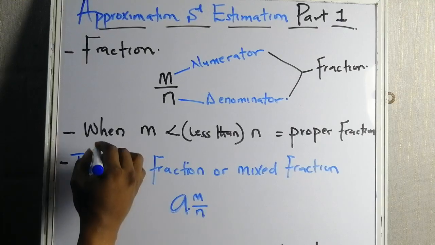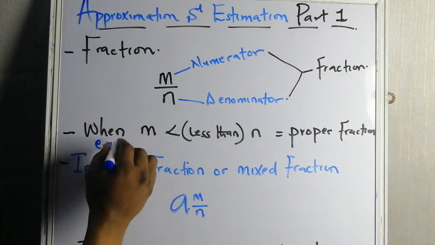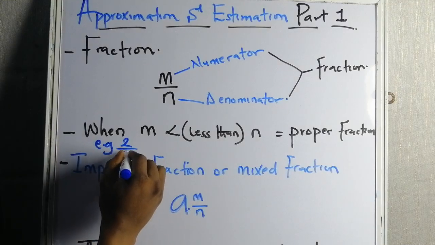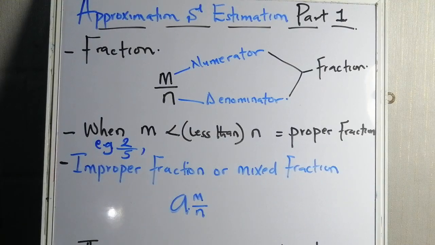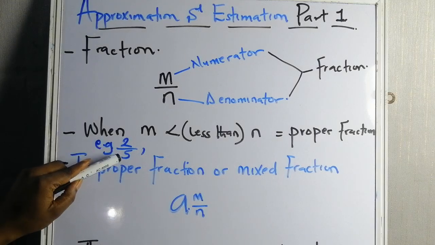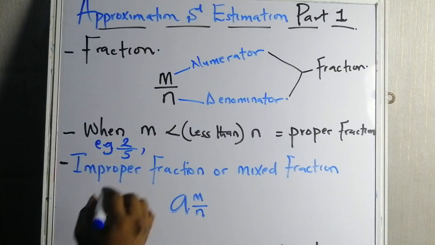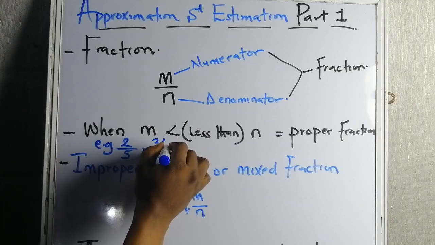If I want to give an example, when m is less than n, if I have 2 over 5, now m is 2, n is 5, that is what? Proper fraction. You can have as many examples as possible. So I can have 3 over 7.